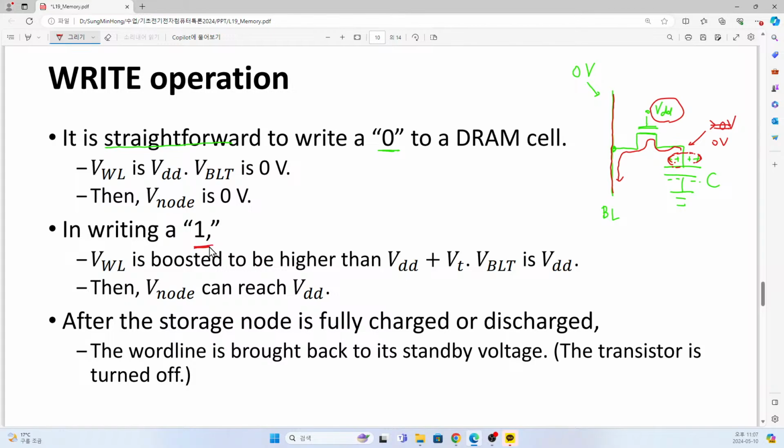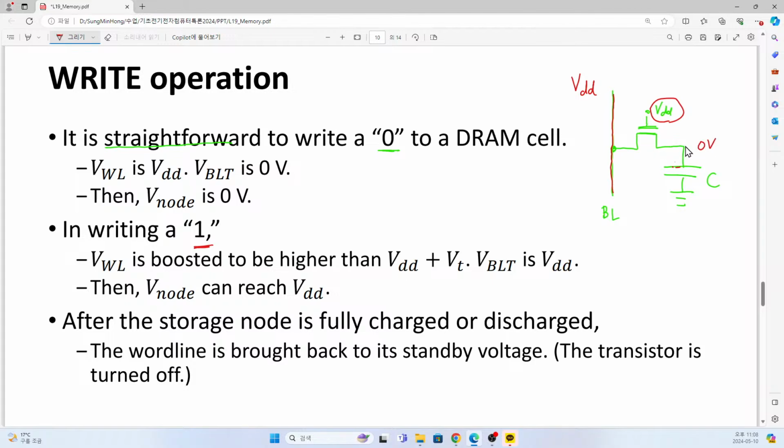And now consider writing a logical value 1. Maybe you think that it is not that difficult once again. So just bias it to VDD. Okay, good. Then when we apply this voltage, let's say initially this was nothing, 0 volt. Then what will happen?